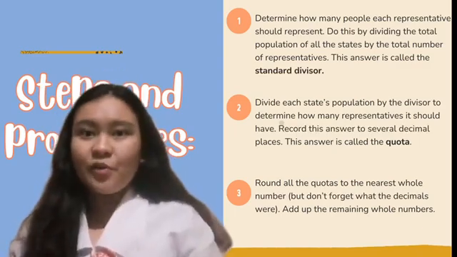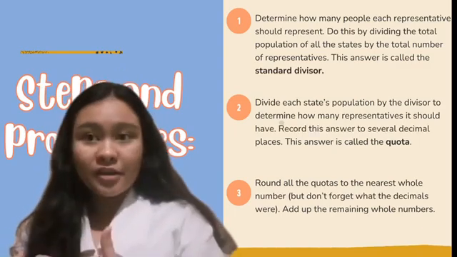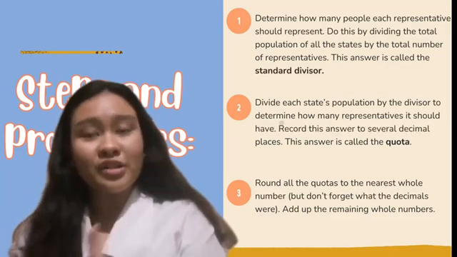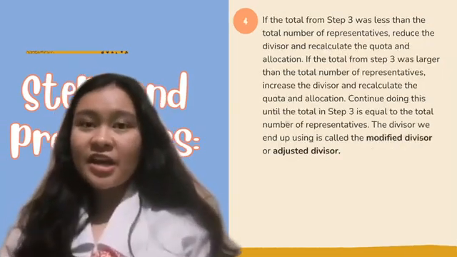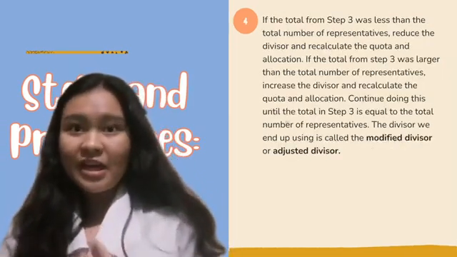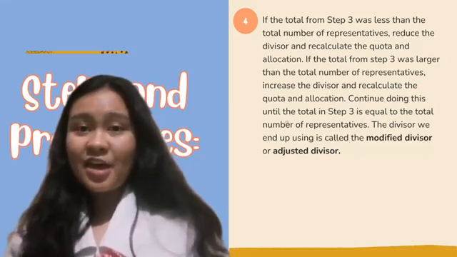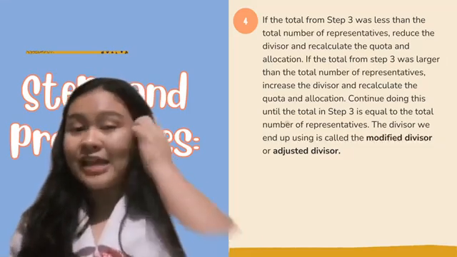For step 3, we round all the quotas to the nearest whole numbers. But don't forget what the decimals were. Add up the resulting whole numbers. The last step: if the total from step 3 is less than the total number of representatives, then we reduce the divisor and recalculate the quota and its allocation.